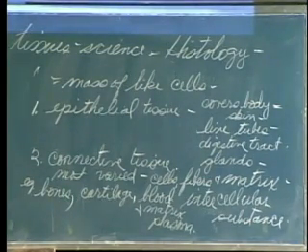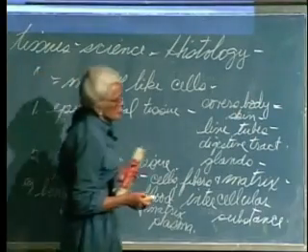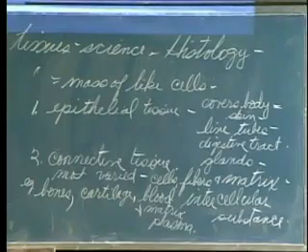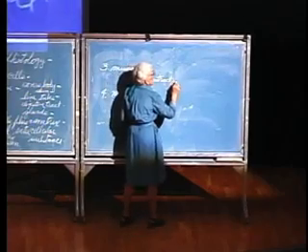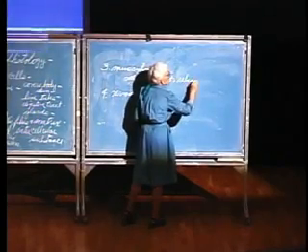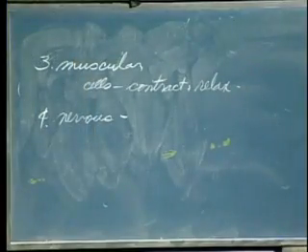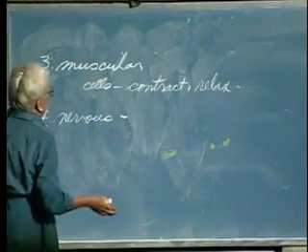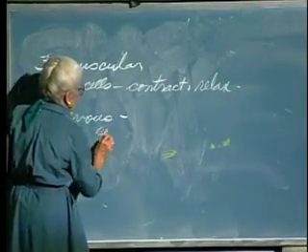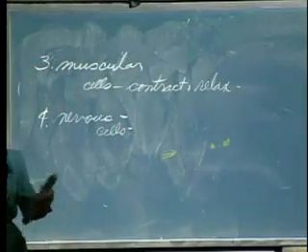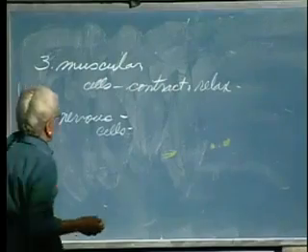Let's then look at muscular, and everybody knows muscular are just cells designed to contract and relax. That's all muscle does. And then we have nerve tissue with the most varied types of cells. Cells will be sensing, taking in new information.